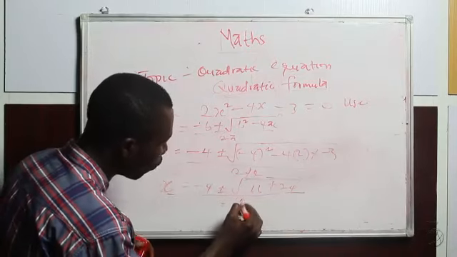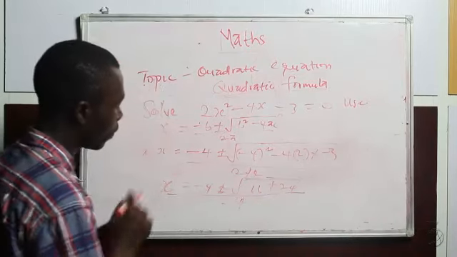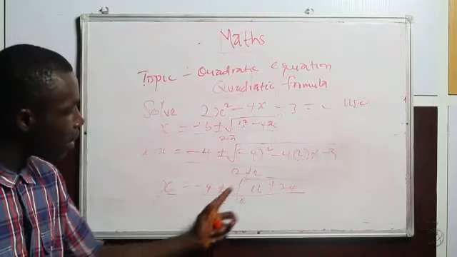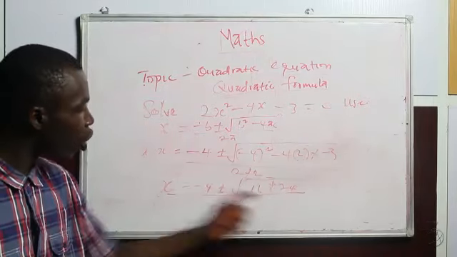Remember, we have minus 4 plus or minus root 16 plus 24 all over 4.